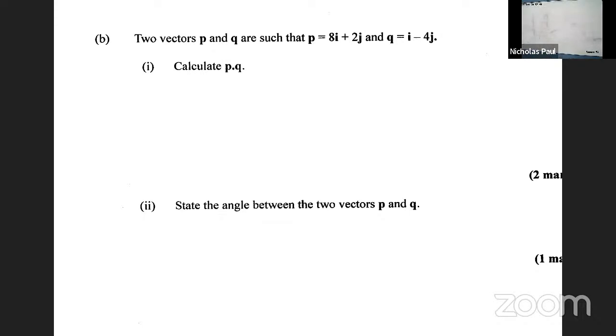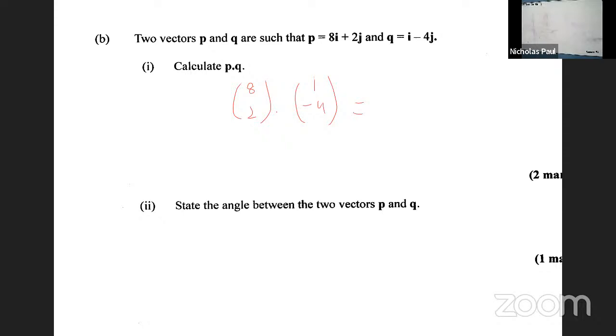All right, let's see what you got now. This one was easy, right? So when you're multiplying, I like to put it like this: (8, 2) by (1, -4). What's the rule when I'm multiplying? You multiply the x by the x and the y by the y and add it.